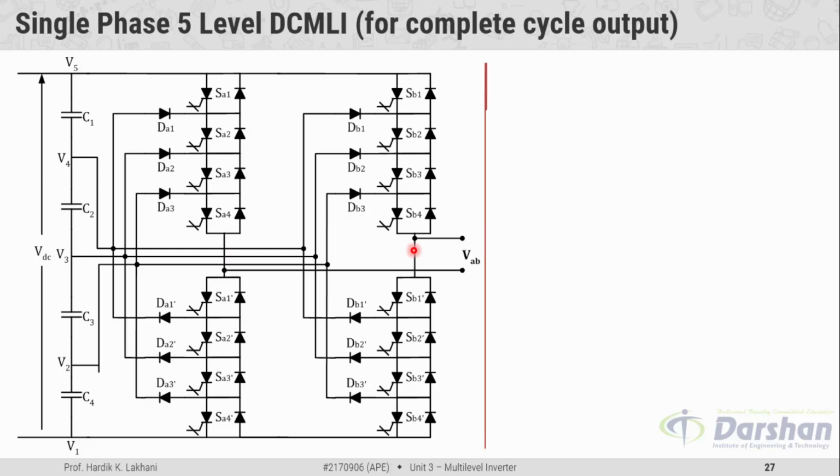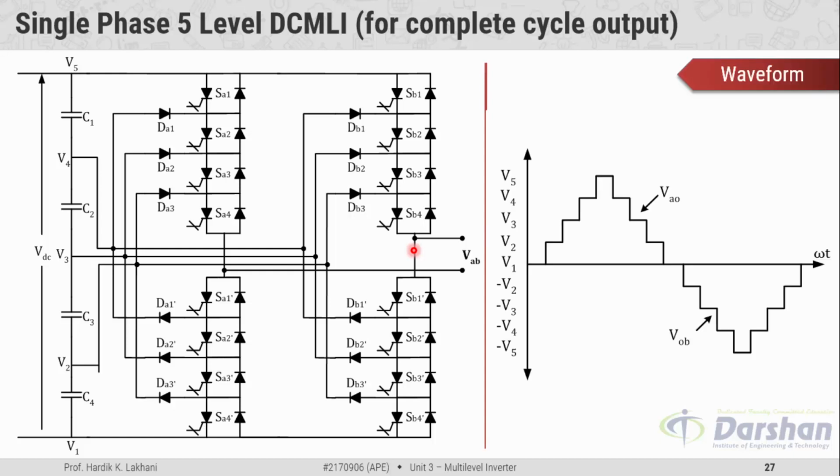By operating one leg at a time, we can have half cycle from the one leg, and combining these two half cycles we get complete cycle. So during the positive half cycle, the leg A is operated as per the switching table shown in the previous slide. During that time period, the leg B is in inactive mode, but once the half cycle gets over, the leg A would go into inactive state and leg B will be in active mode.